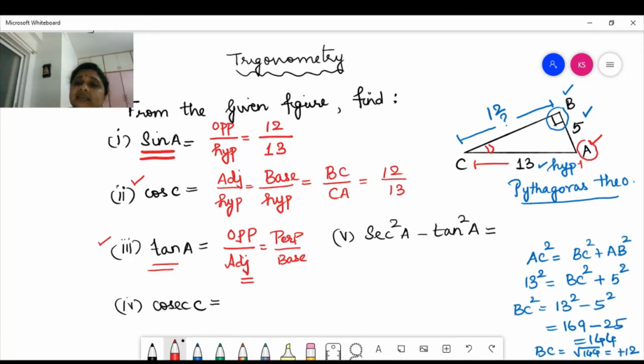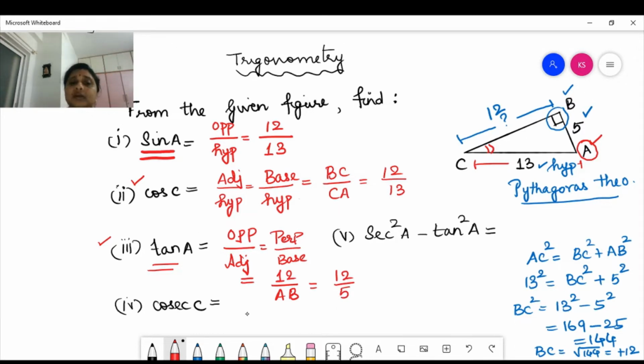The angle is here, that's A. The side that's opposite to A is going to be 12 divided by the side that's adjacent to A, which is nothing but AB. Right? It's not AC because AC is the hypotenuse. Okay, so the measure of AB, the parts, is 5. So 12 by 5 is my ratio.